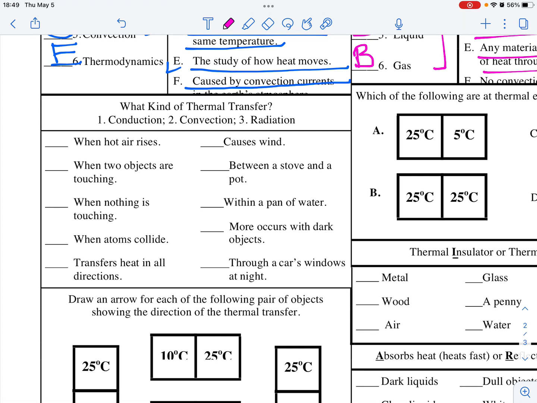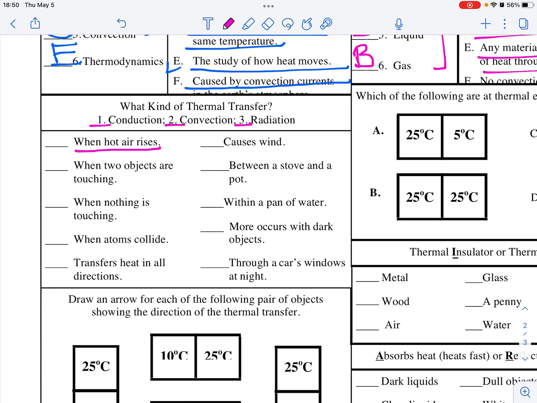For this next block, we're going to write either 1 for conduction, 2 for convection, or 3 for radiation. So the correct answer will be either 1, 2, or 3.